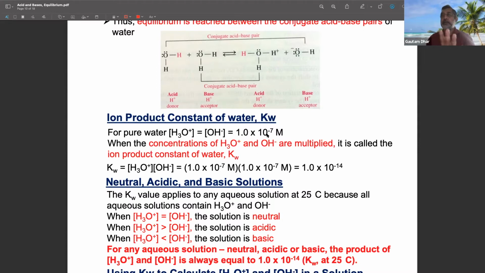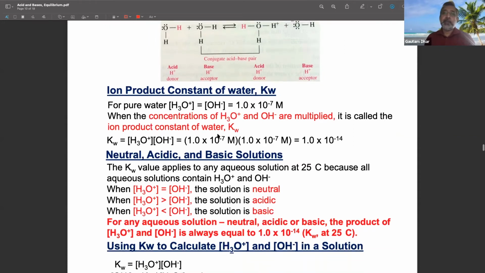So that is the situation. Now water we call neutral. Even under neutral conditions, we have 1.0 times 10 to the minus 7 molar of H3O plus and an equal amount of OH minus. That's why it's neutral. The H3O plus and OH minus are in equal concentrations.